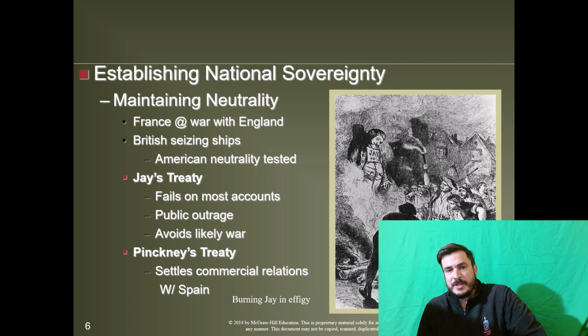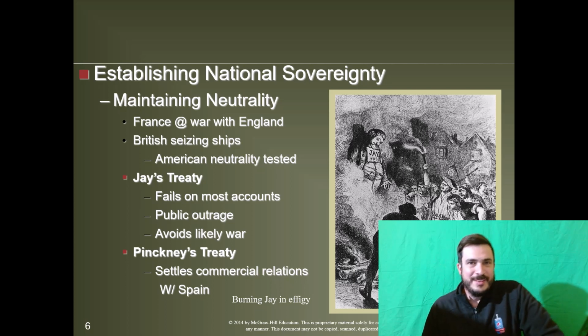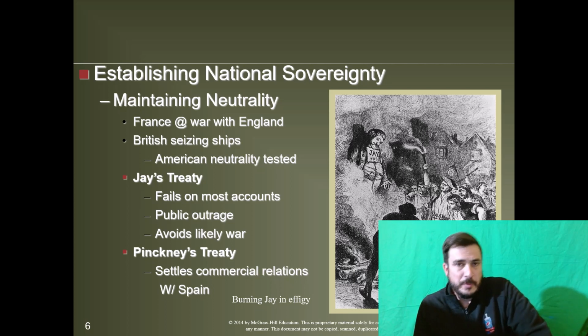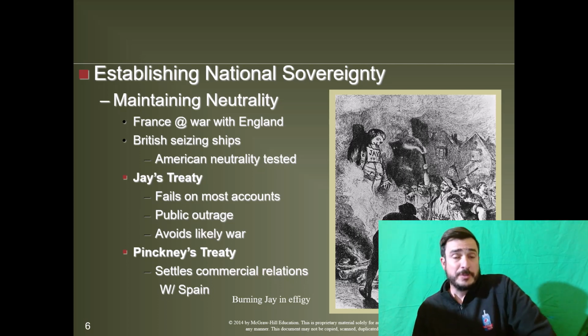Where does this put the United States? Well, the United States is a neutral power officially. President Washington has made his position very clear that the United States must not get involved in this conflict. It's too young, it's too weak, it can't risk its own demise in an effort to oblige itself to one of these two parties. And Republicans are furious at this.